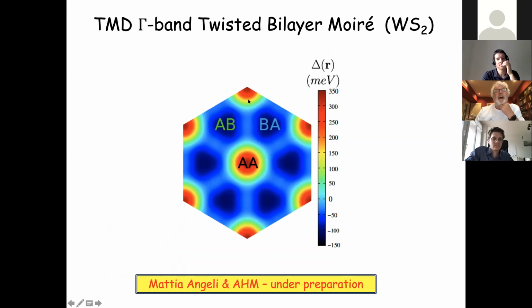It turns out that there are other TMDs. This is work that I've been doing recently with an exchange student, Mattia Angeli, from CISA. And in certain TMDs, the highest top of the valence band in bilayers is near the gamma point. And it turns out the emergent symmetry there is that of a honeycomb lattice, not a triangular lattice.